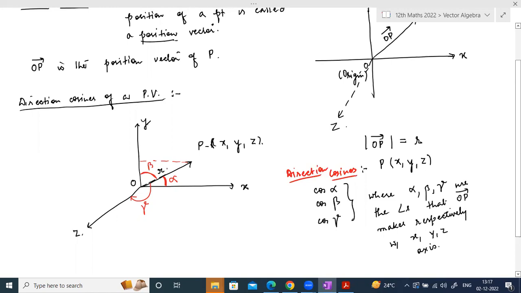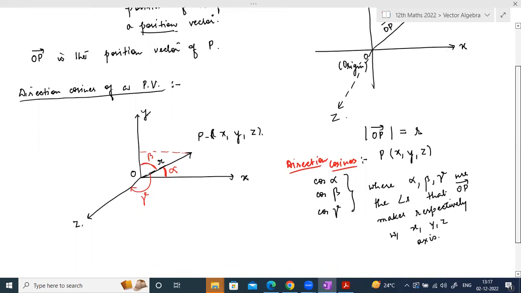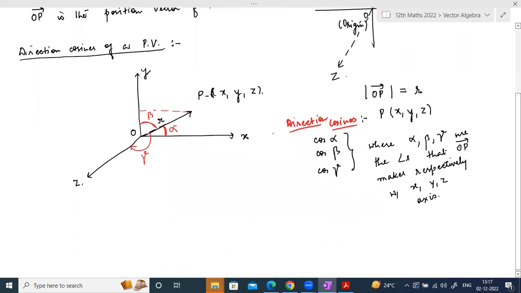So cos of alpha, cos of beta, and cos of gamma are known as direction cosines, and they are represented by a small letter l, small letter m, and small letter n. Now let's see what those will be.